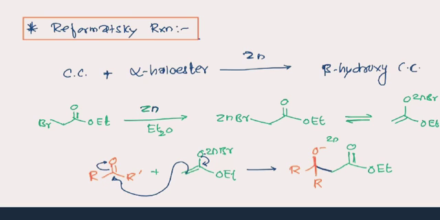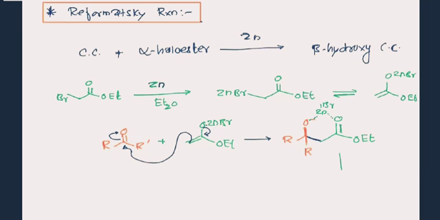Now that negative charge from oxygen and the lone pair from the carbonyl oxygen are going to make a cyclic transition state or cyclic intermediate. That will be the most stable one, and later, by hydrolysis of that complex, the O negative will be converted to a hydroxyl group.